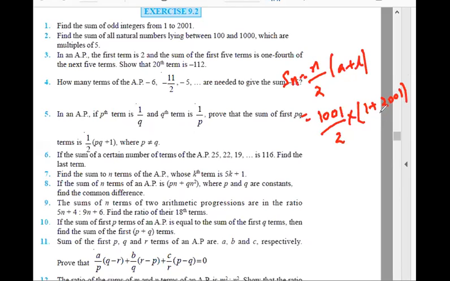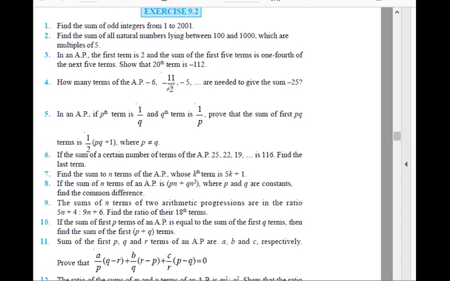So it is 2002 by 2, so it is 1001 into 1001. Yes or no? I hope all of you got the final answer. Got it, everyone? Yes, very good.